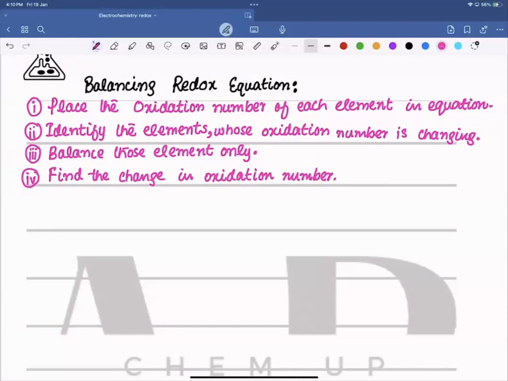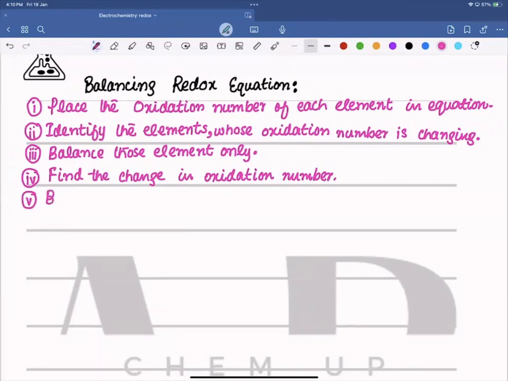So after this fourth, first you have to find the oxidation number change, that what is the change.